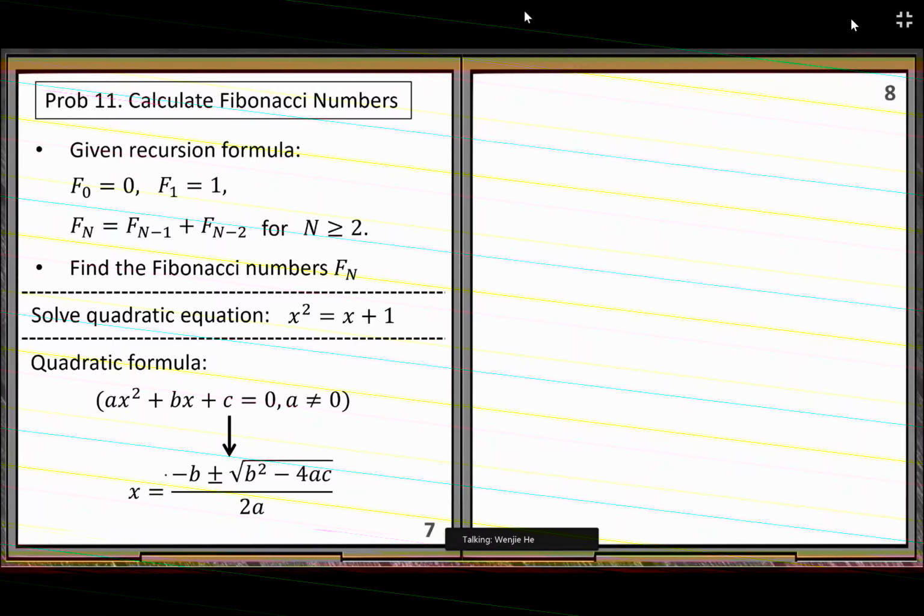Now let's apply this quadratic formula on this special quadratic equation with a, b, c. So we can find x equals, two cases, plus minus, two possible solutions: plus or minus the square root of 5, and the whole number over 2.